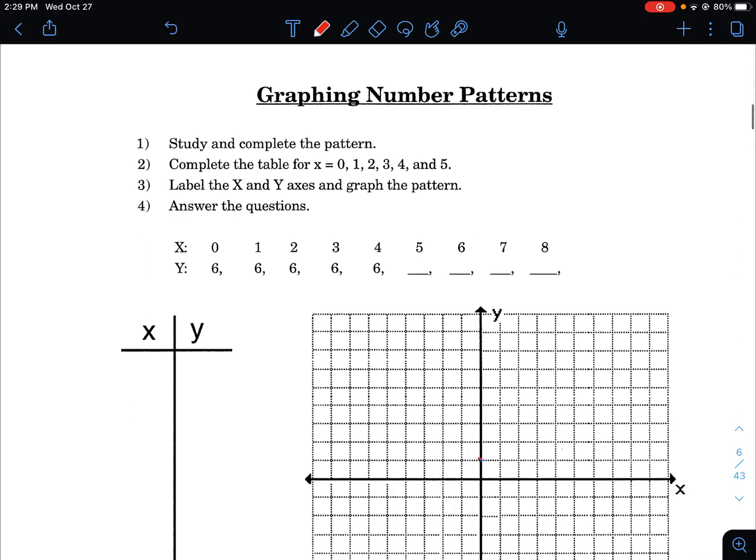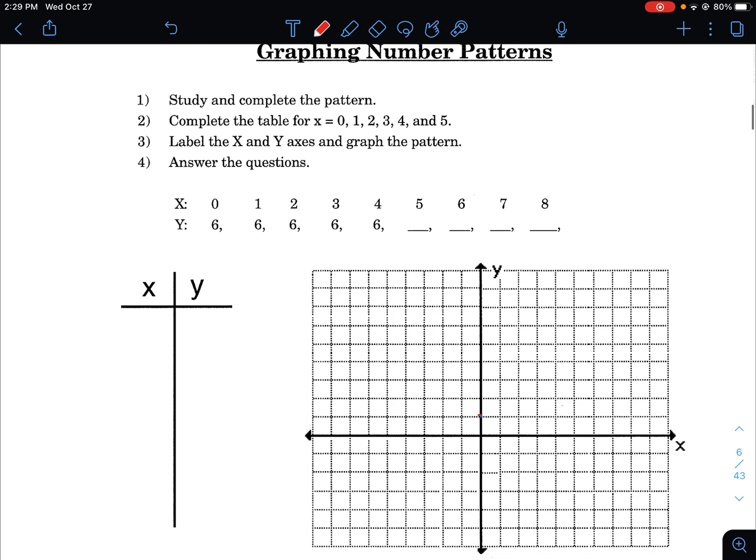Let's take a look at the next one. This pattern, x seems to be increasing by 1 every time. And y seems to be nothing. That's just a change of 0. So I should assume that this is still 6, and this is 6, and this is 6, and this is 6.